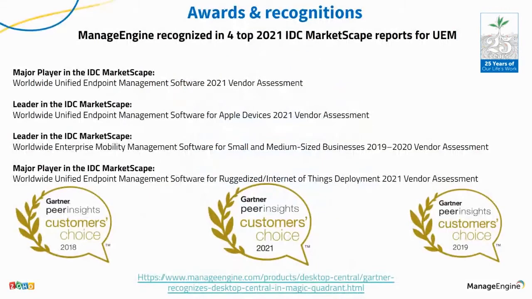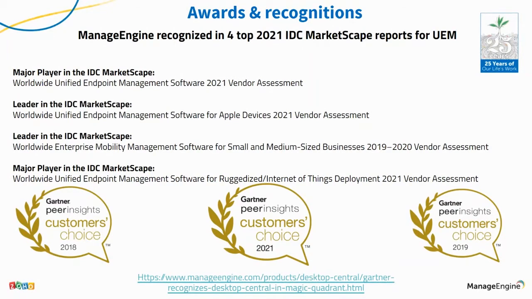Why Desktop Central? We saw what Desktop Central is. Now, why Desktop Central? Desktop Central has been consistently awarded in Gartner's Customer Peer Insights Customer Choice Award. We've been awarded in 2018, 2019, and 2021 as well. 2020 for different categories we've been awarded, but for unified endpoint management, we've been consistently getting awards in 2018, 2019, and 2021.